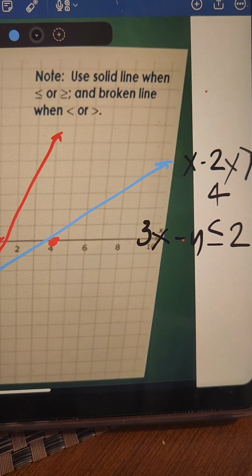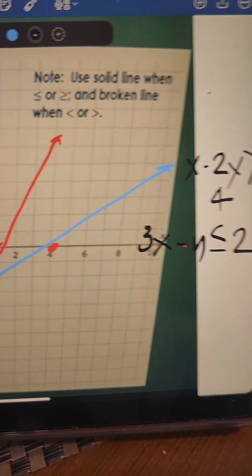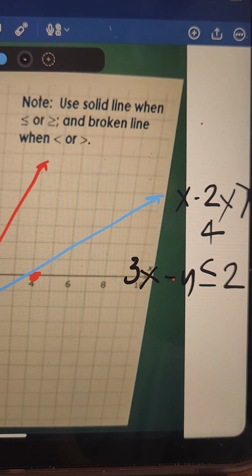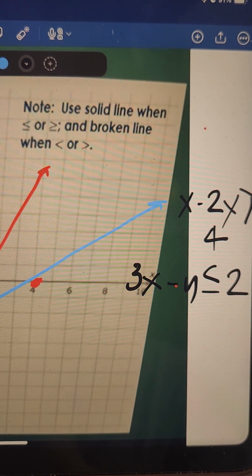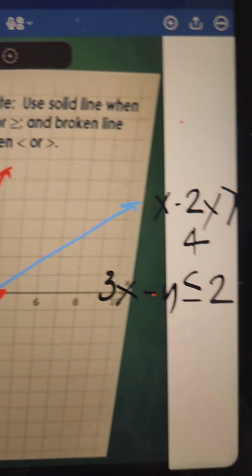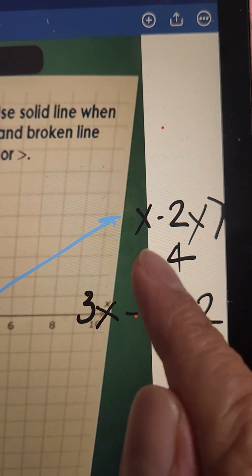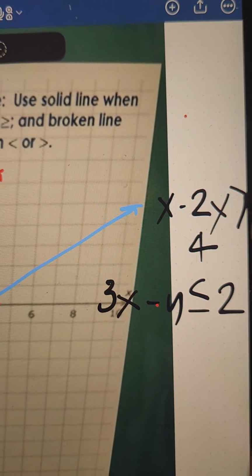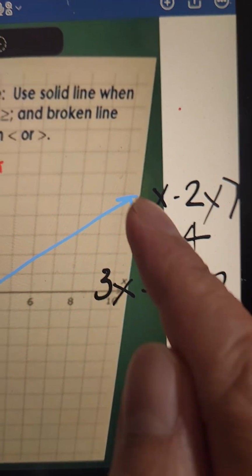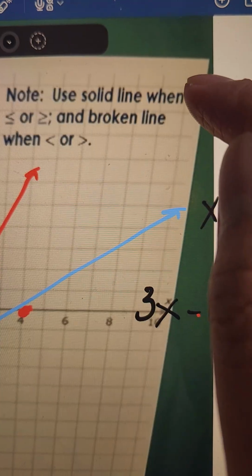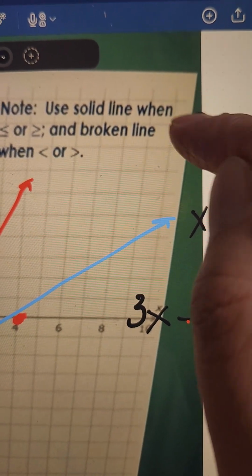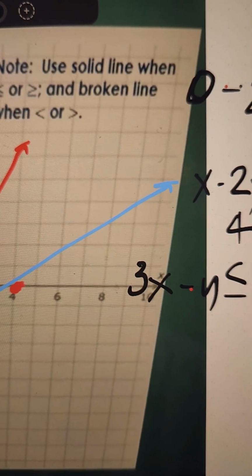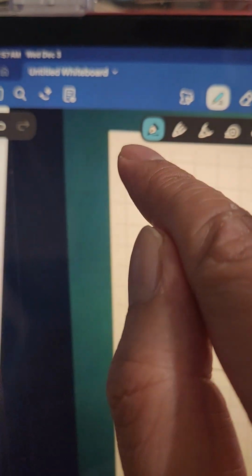Okay, so for this part, kailangan ma-determine natin kung anong area yung isi-shade. Okay? So, let's say, may kailangan daw tayong gawin na test point. So, i-assume natin kung si x ay 0 and si y ay 0, is it still greater than 4? So, let's say this one. So, si x ay 0, no? So, 0 minus 2 times 0. Okay? Dito na lang natin lagay.